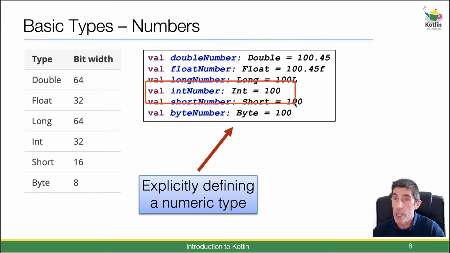For argument's sake, this one here, we're saying an int number, explicitly specifying it as an int, giving it a value of 100. And we can do the same with a byte, a short, and all the rest of it. So that's an example of how to explicitly define our numeric type, and the same goes for all the other types, as we'll cover in due course.